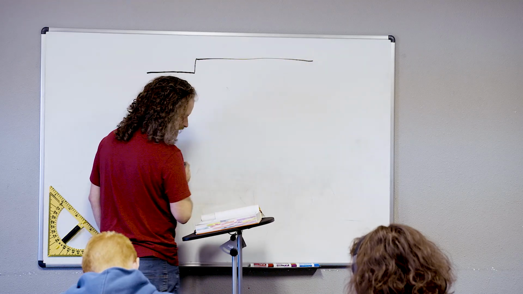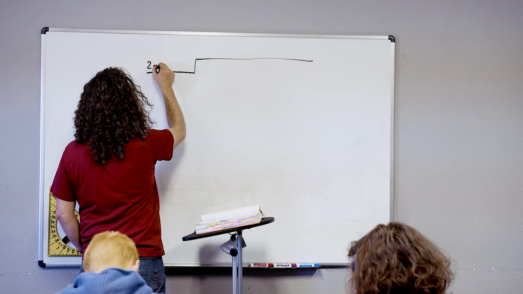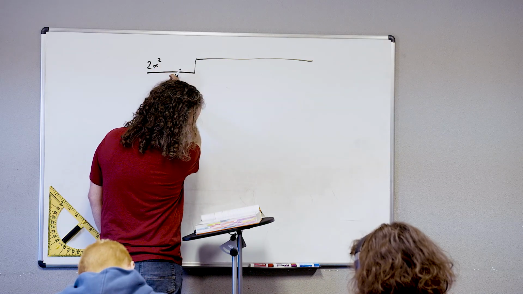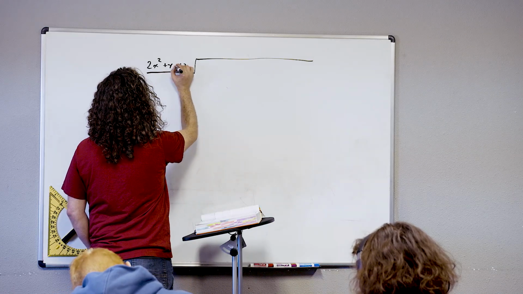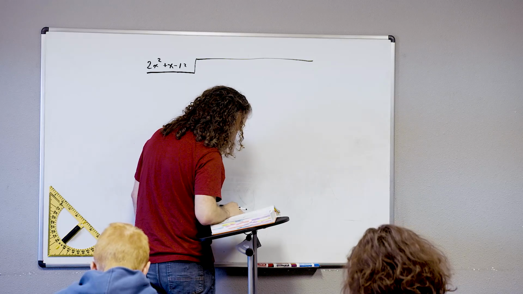So on the porch, we've got 2x squared plus x minus 12. And in the house, we've got a big old giant mess, but not really as scary as it looks.